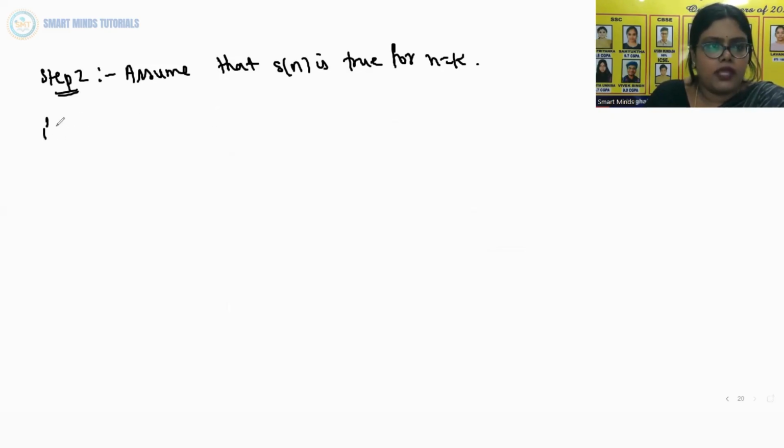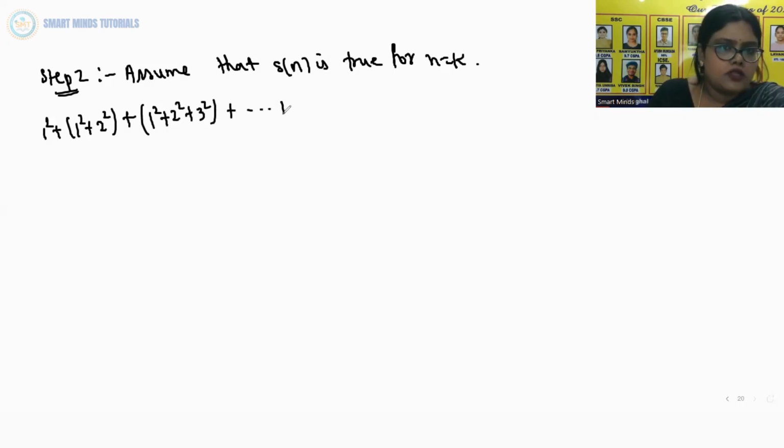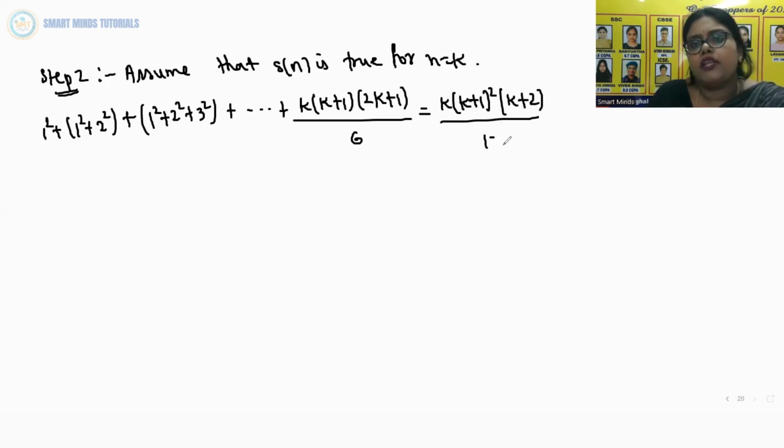So 1 square plus 1 square plus 2 square plus 1 square plus 2 square plus 3 square plus so on up to k into k plus 1 into 2k plus 1 by 6 is equal to k into k plus 1 whole square into k plus 2 by 12.